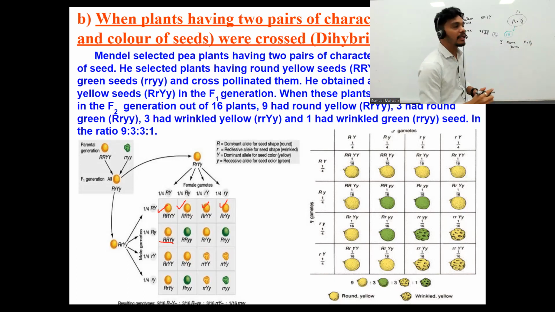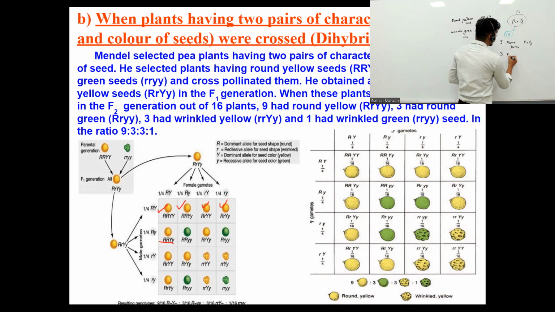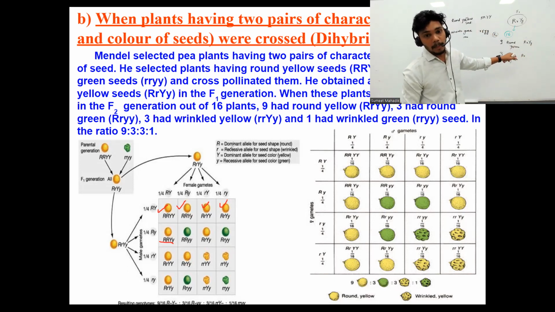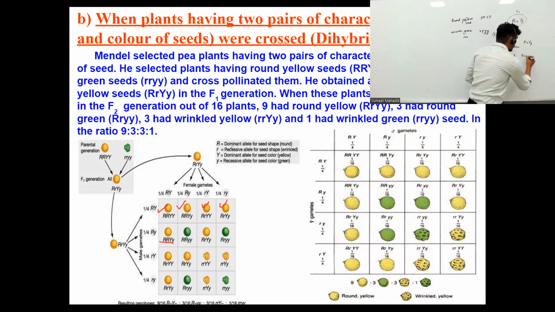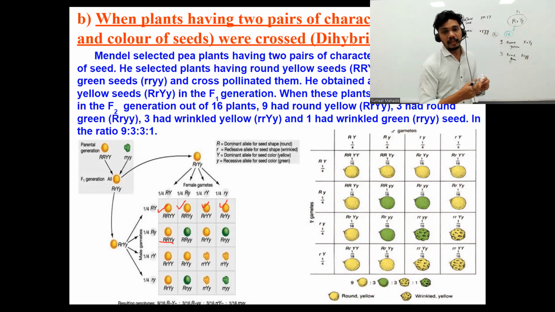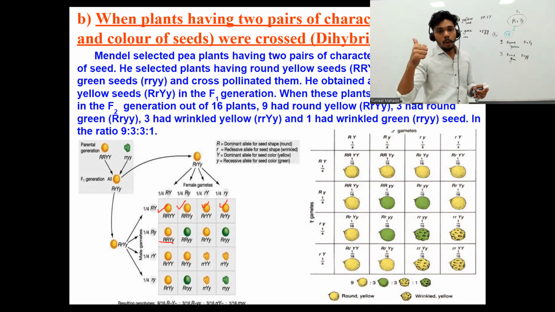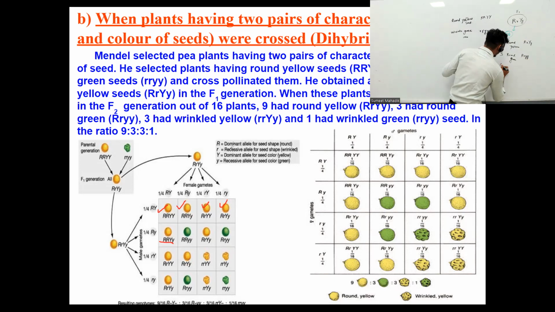3 had round green. 3 is round green. Again, I have to write R, right? For green, small y will be there. Very good. So you're getting my point. And 3 wrinkled yellow. Again 3, what?